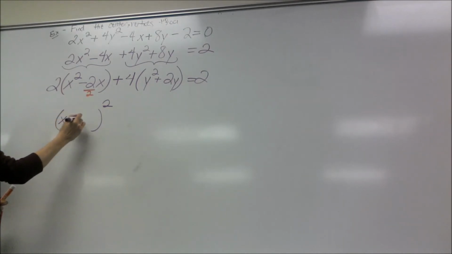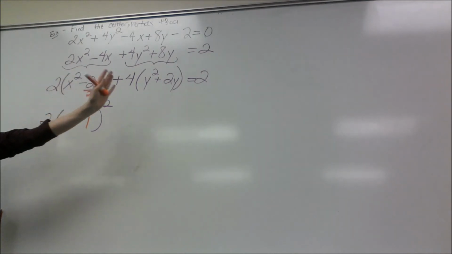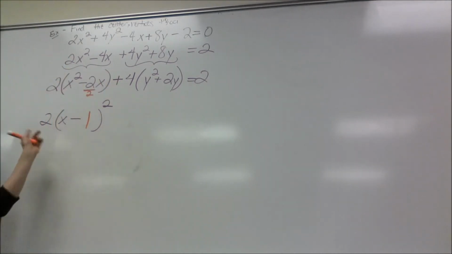So x minus 1. Okay, now the 2 is still out in front of that quantity, and because it's a real strong temptation for me to forget this part, I go ahead and do this now. Okay, I complete the square. I balance the other side of the equation with that group.